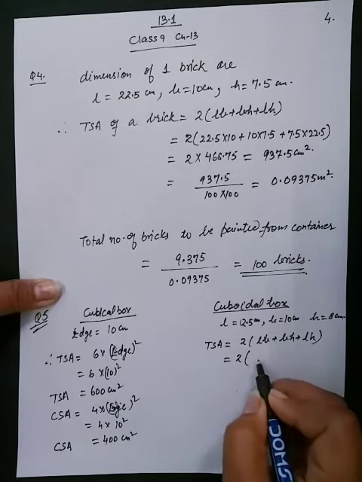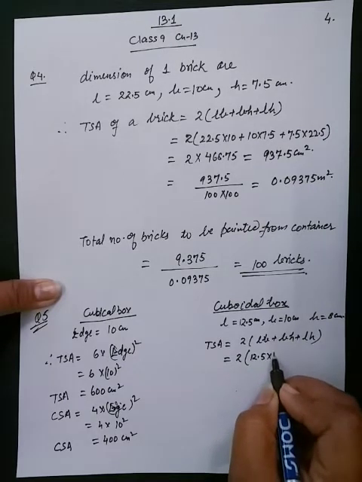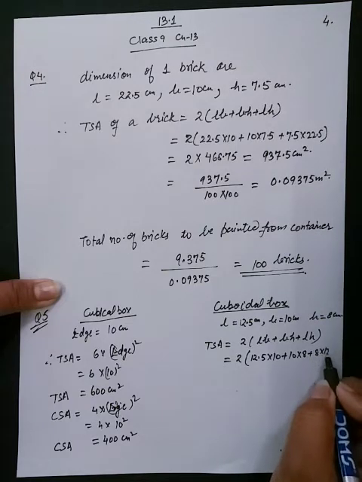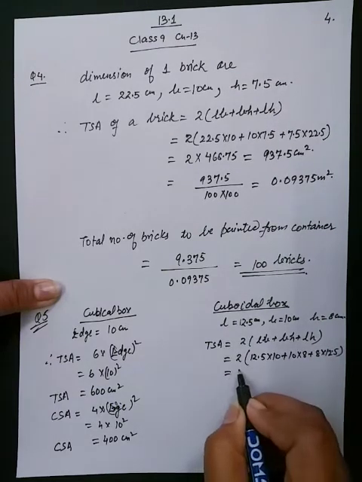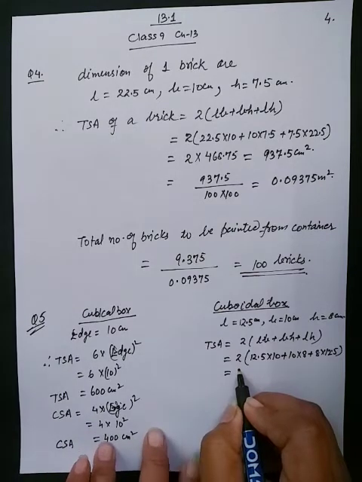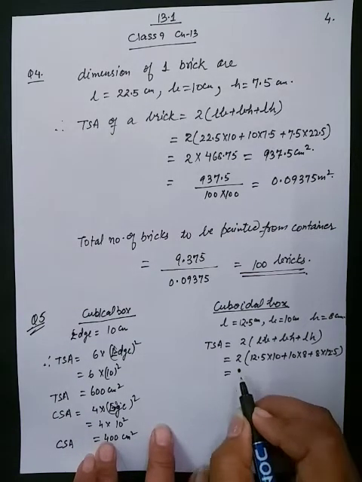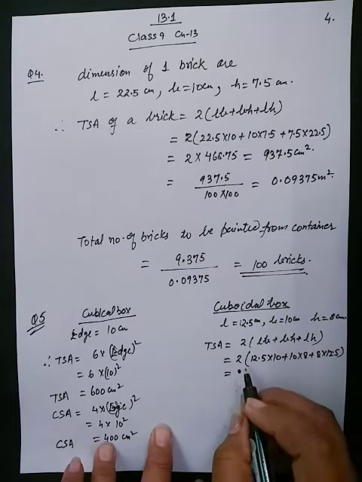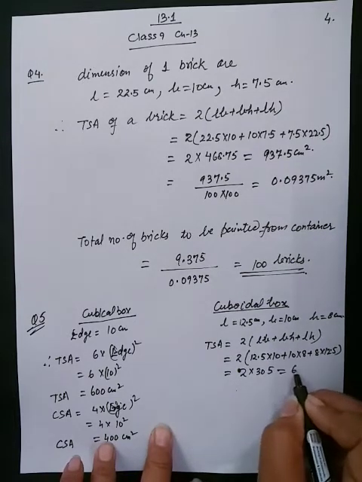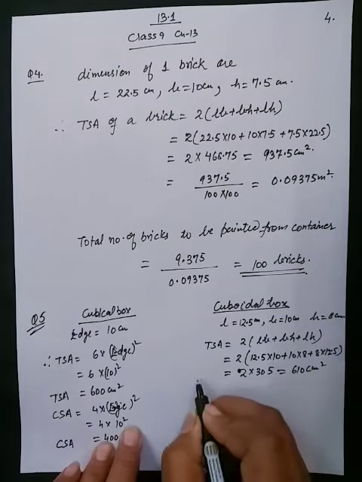We have to write the formula first of all. And we can calculate the TSA of the box as 610 centimeter square.